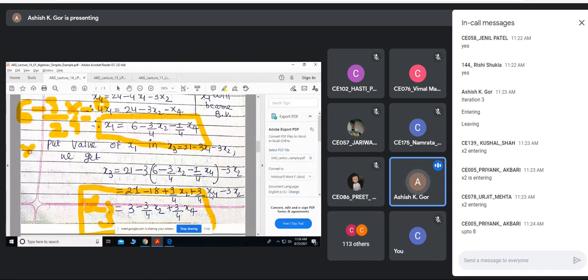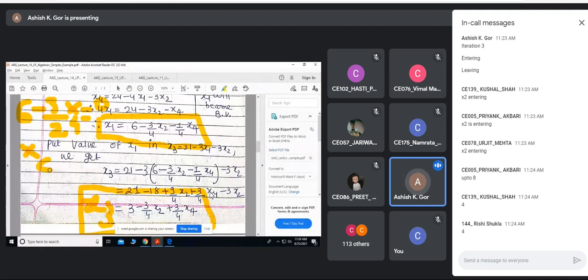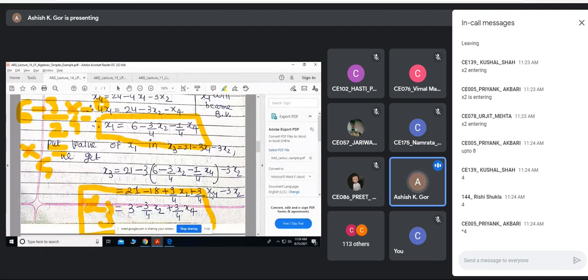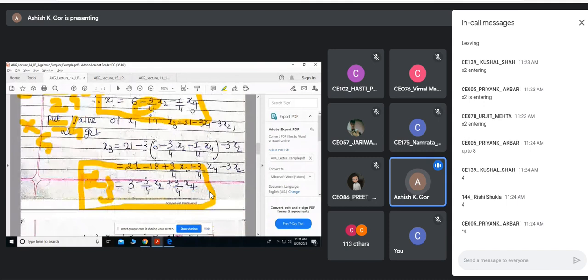So x4 can take the value 4 for this. If you set this to 0, same, because x4 is already at 0, right? And here 3 minus 3 by 4. If you set this to 0, you will get x2 equal to 4.